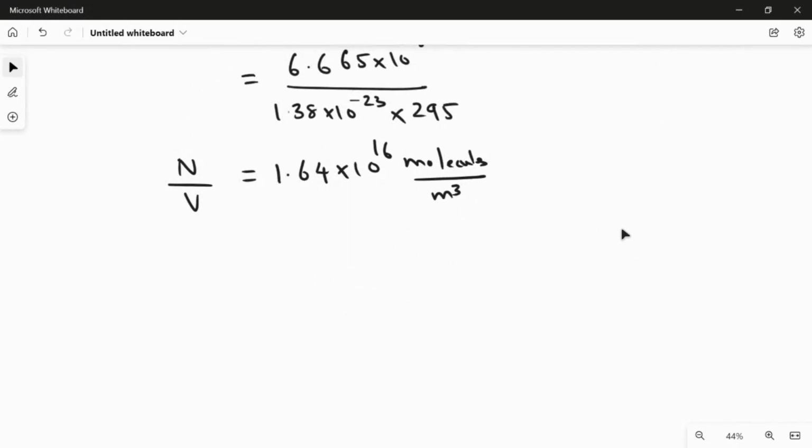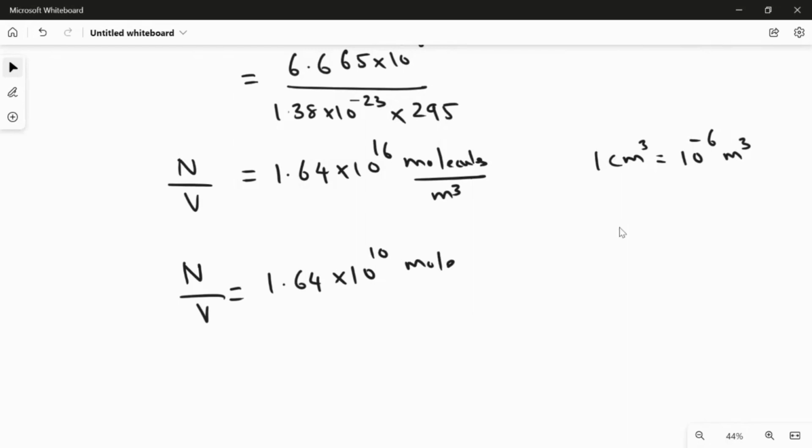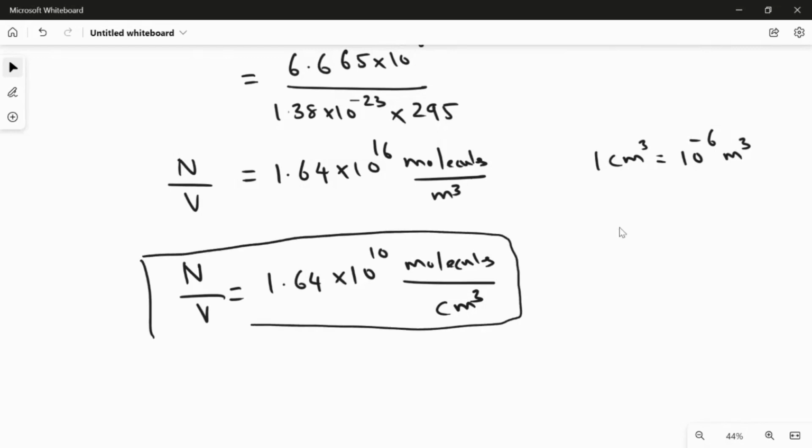But they ask for N over V in terms of molecules per centimeter cube. As we already studied, 1 centimeter cube is equal to 10 to the power minus 6 meter cube. Using this conversion, N over V is equal to 1.64 multiplied by 10 to the power 10 molecules per centimeter cube. This is the answer they need in the question.